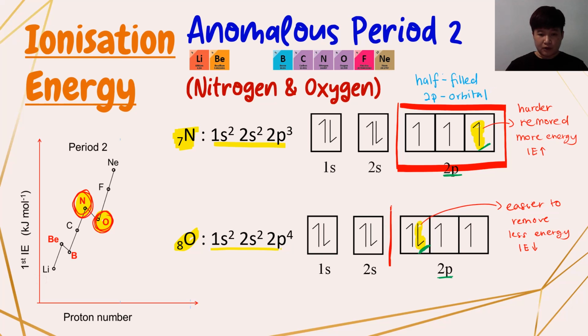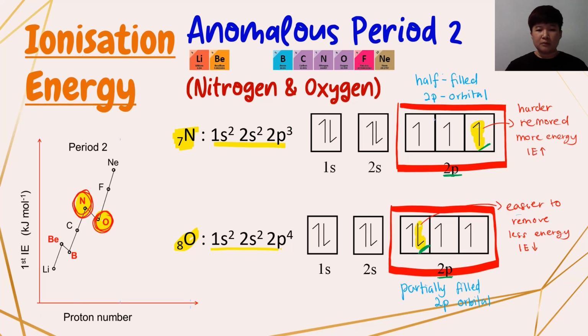Whereas this 2p orbital is just a normal partially filled orbital. So what makes the half-filled 2p orbital and the partially filled 2p orbital different? Because we have one stability rule stating that a half-filled 2p orbital is more stable than a partially filled 2p orbital.